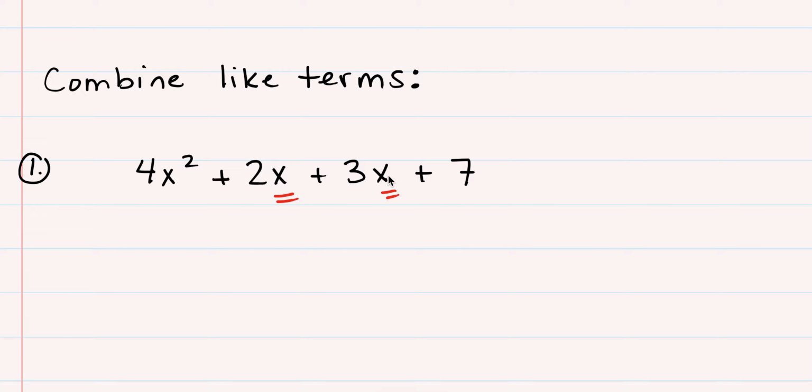This one has no x's and this one has x squared. But if you just have x raised to the first power, which you don't have to put the 1 there, but they're both raised to the first power, what you do is you add the coefficients. If we're adding these two, we do 2 plus 3. So this simplifies to 4x squared plus 5x plus 7.